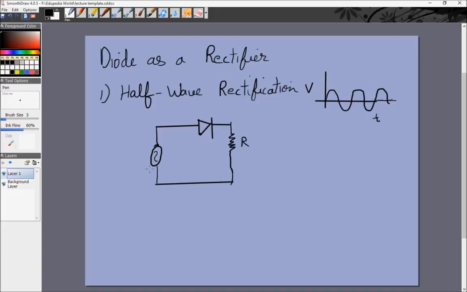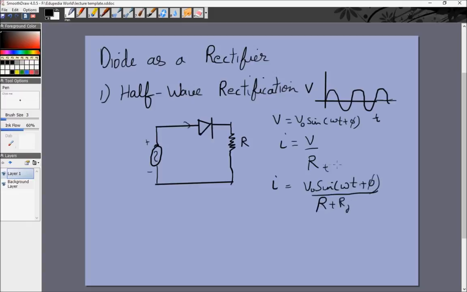So whenever this is at a negative potential and this is at a positive potential, then this diode will be forward biased and it will allow current to flow through it, and the amount of current flowing through it will simply be V by R. And if V is equal to V naught sine omega t plus phi, then I is equal to V naught sine omega t plus phi, divided by R plus Rj.